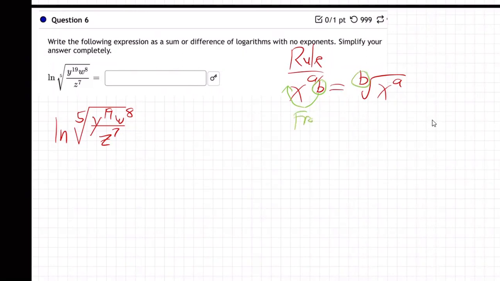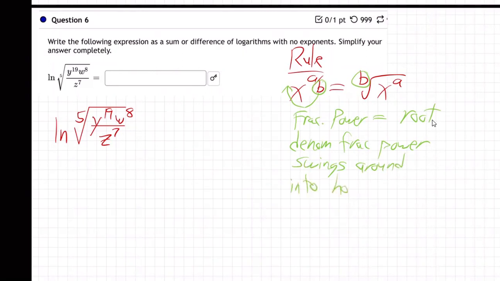So a fractional power equals a root, doesn't it? The denominator of the fractional power swings around into the hook of the root. Right there. That's what we see.